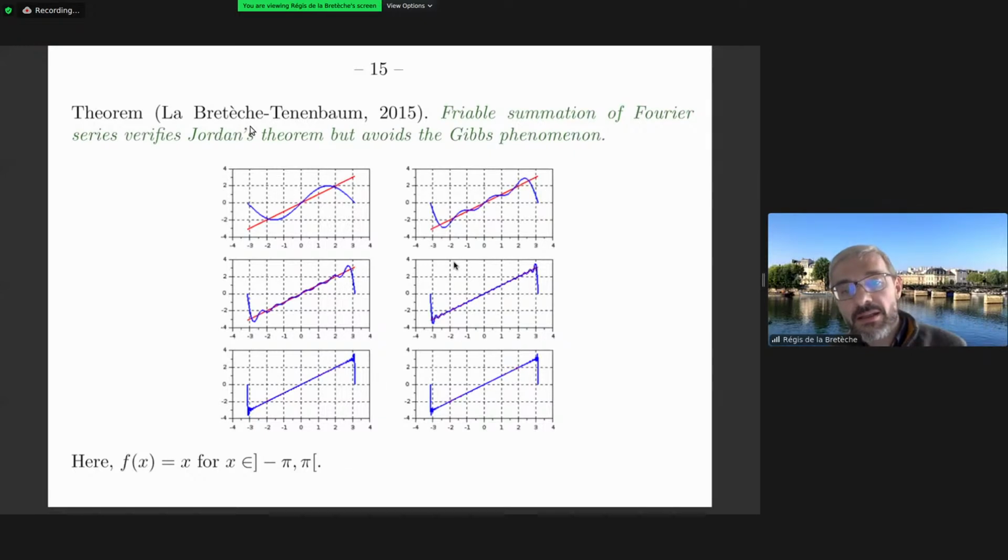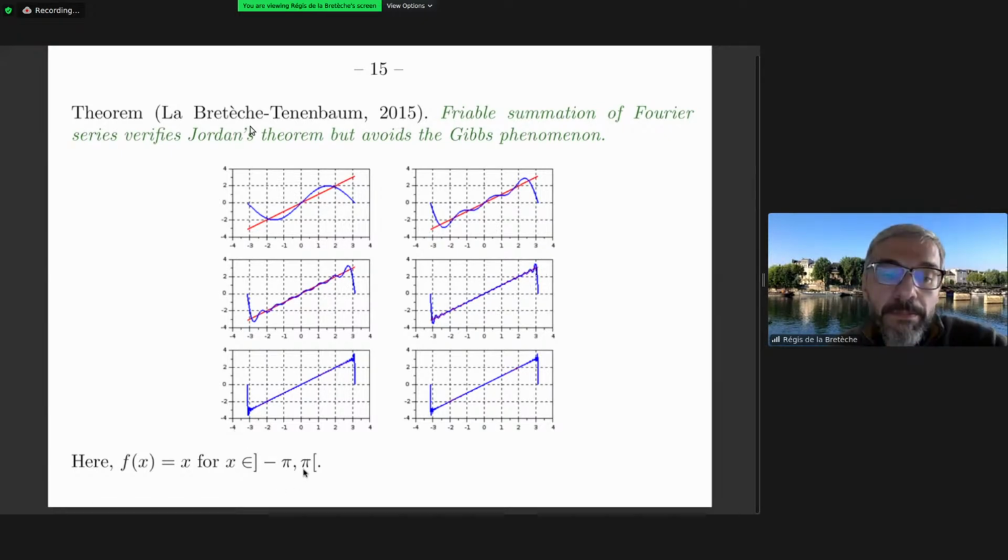I draw here a representation of some partial Fourier series with a lot of terms, and you see that the supremum of the partial Fourier series is larger than the supremum of the function.